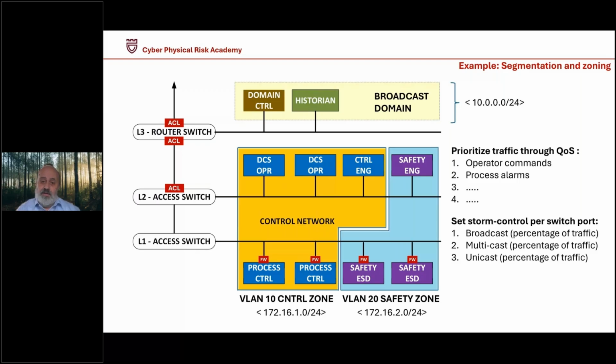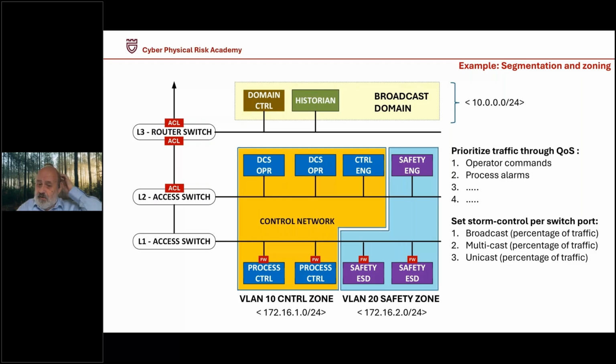I can have different storm control settings. I can have different quality of service settings. And with quality of service settings in the network, I can prioritize traffic. So I can make operator commands have a higher priority than process alarms. And for example, the lowest priority could be my other traffic, which could be backups or whatever.